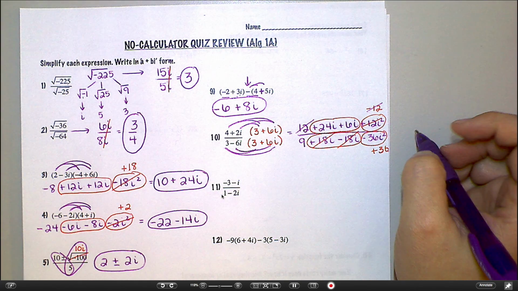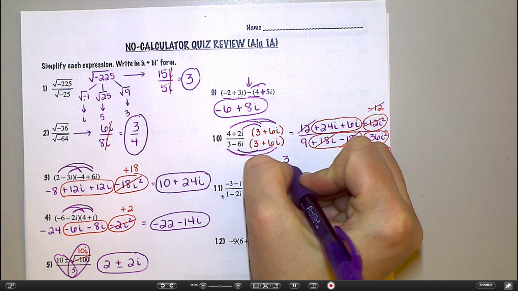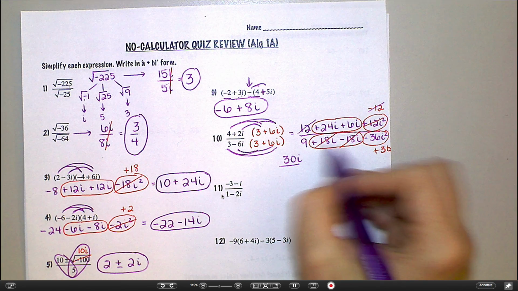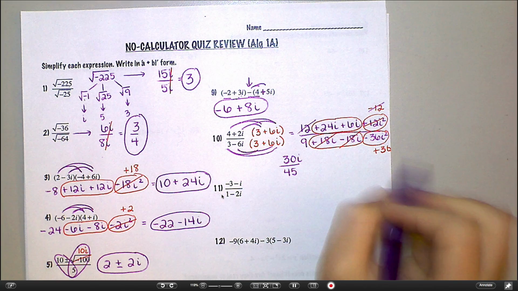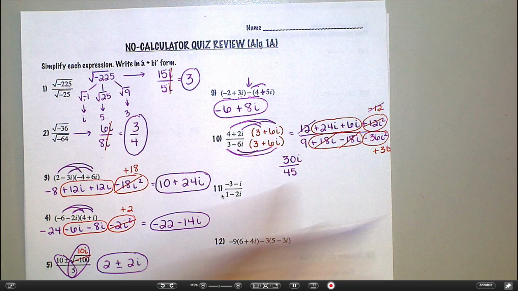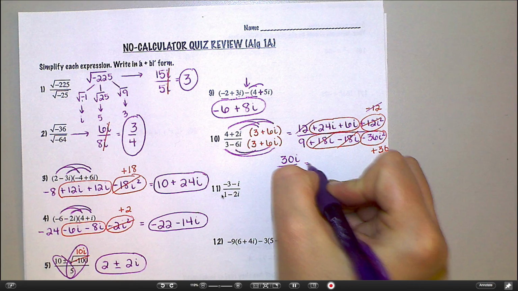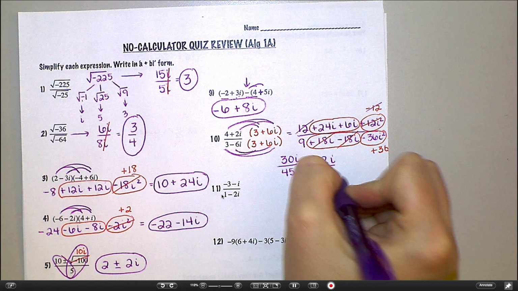Don't expect that to happen. But here you end up with a 30i on top, and this is 9 plus 36, so just a 45 on the bottom. Then I want to simplify 30 over 45 like a fraction. 15 goes into both of those, and this would reduce to 2i over 3, or you could think of it as 2/3 i.